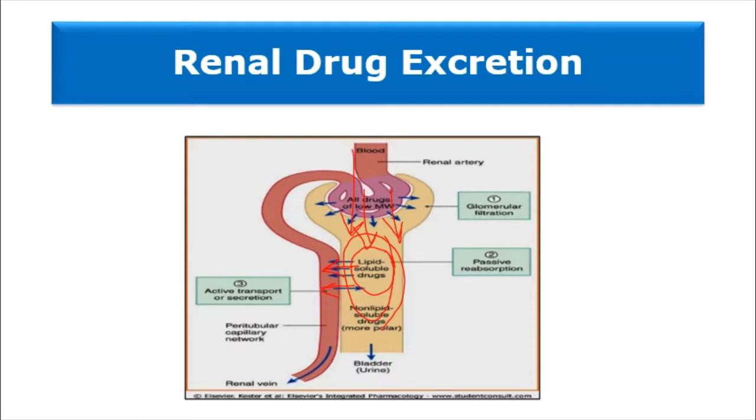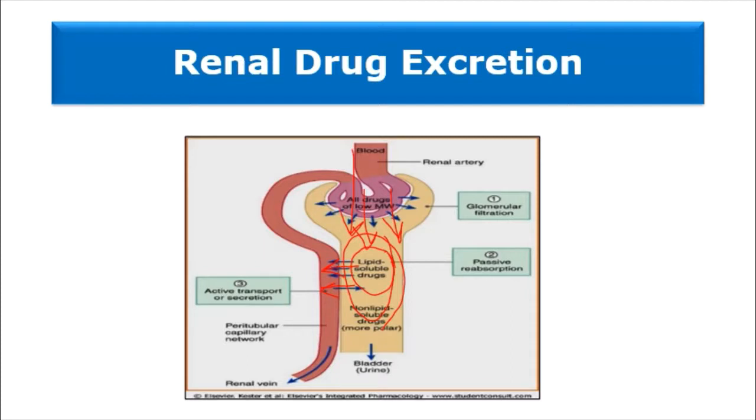And by the way, this method might be used to enhance the excretion of drugs in case of toxicity. So we can enhance the excretion of acidic drugs by alkalinization of urine, and we can enhance the excretion of basic drugs by acidification of urine.